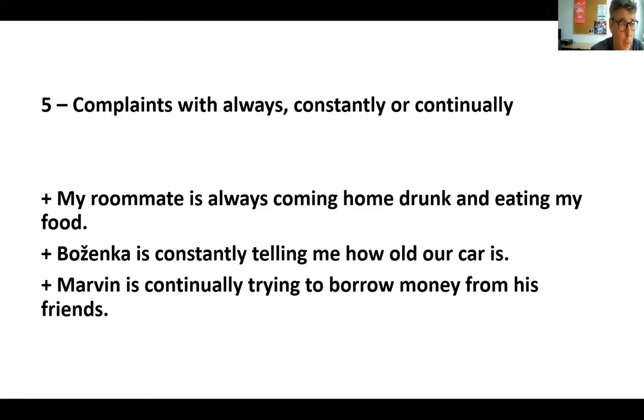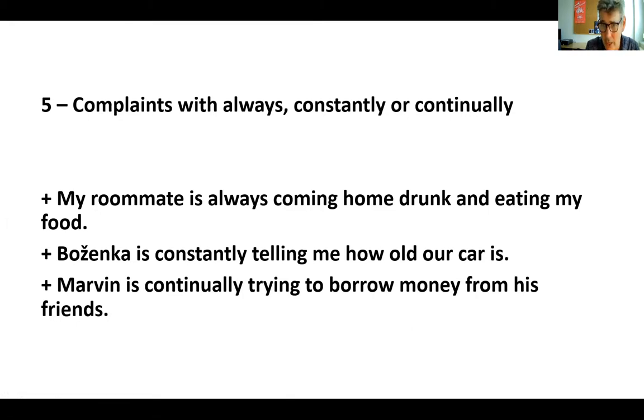So here we have, my roommate is always coming home drunk and eating my food. That's a routine, so you should be able to say, my roommate always comes home drunk and eats my food. You can say it in present simple. But if we use this, and remember, it needs to be a complaint, something you're complaining about, we use present continuous, and you're going to hear this and see it a lot.